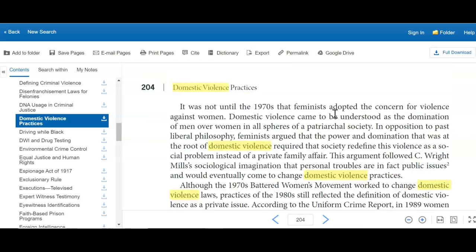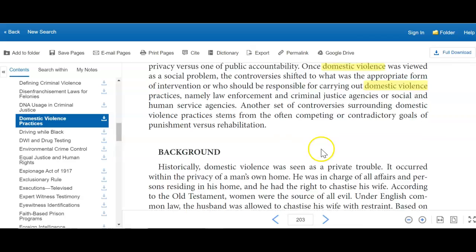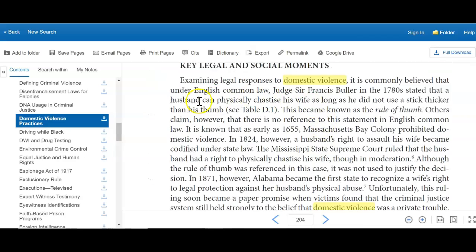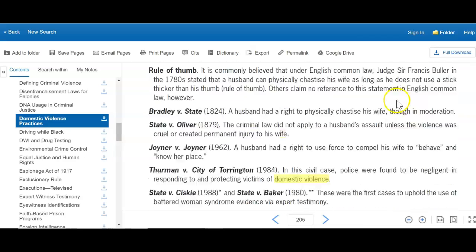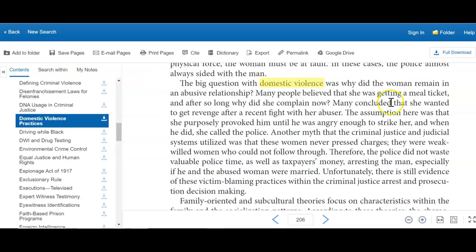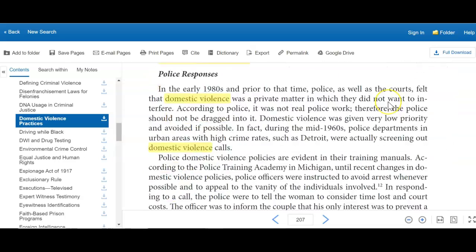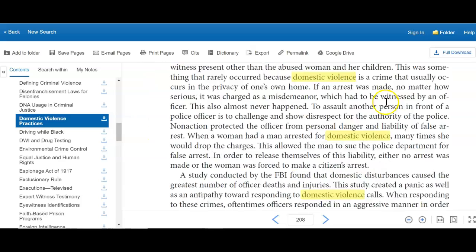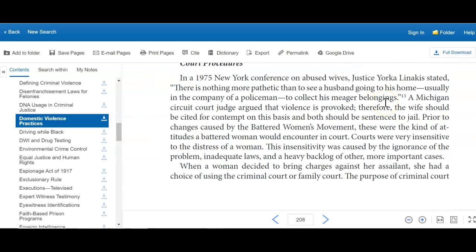So again, you can see that it's talking about the background of the topic, legal and social moments, important court cases, the theory behind it, practices. So this is a really good starting point because you can learn all there is to know about your topic.